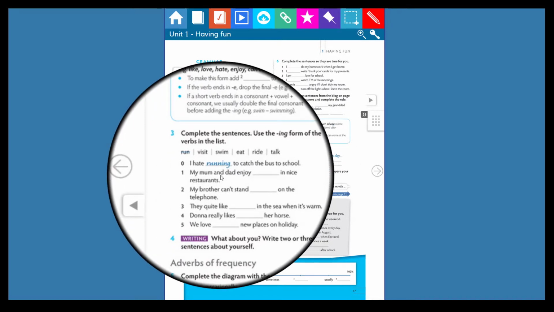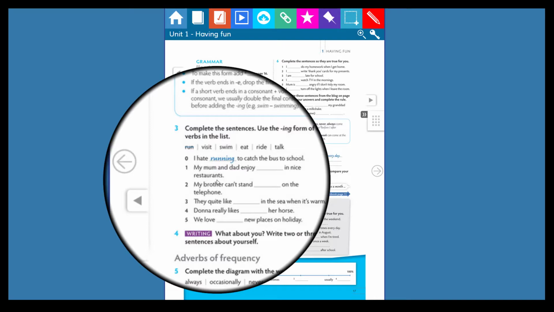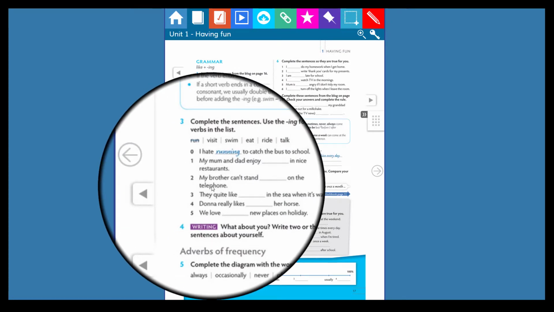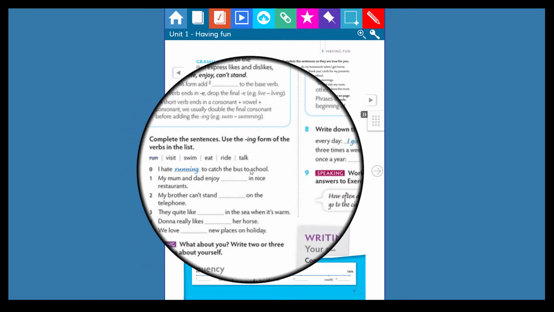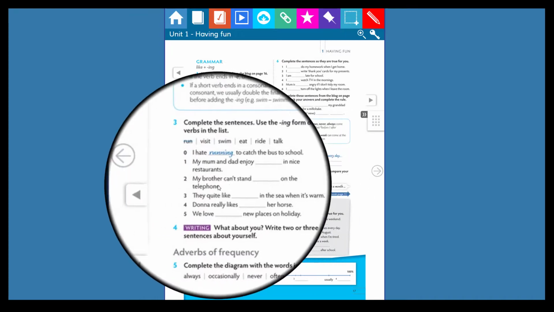My mom and dad enjoy eating in nice restaurants. Okay, number two. My brother can't stand on the telephone. What do you think? The correct verb is talking. Very good. My brother can't stand talking on the phone on the telephone.